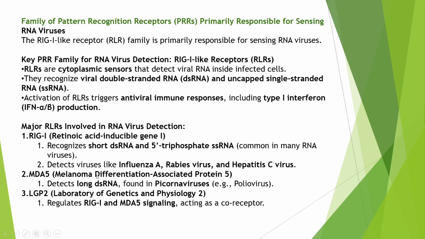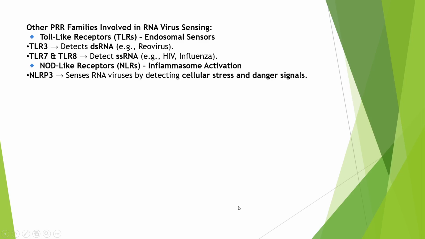Then MDA5 is melanoma differentiation associated protein. This detects long dsRNA found in picornaviruses, for example poliovirus, and LGP2 regulates RIG1 and MDA5 signaling, acting as a co-receptor.